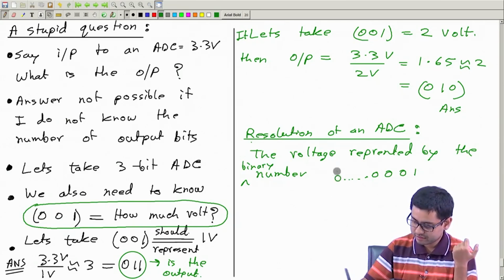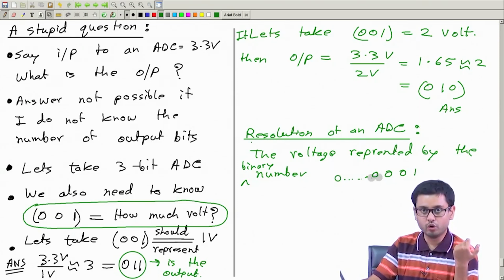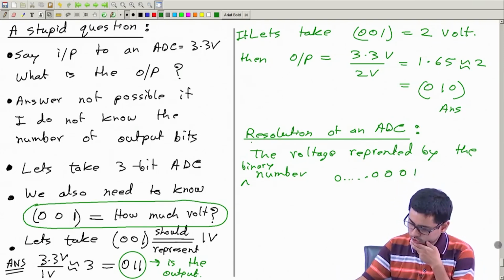Okay, if we have n bits, then n minus 1 zeros, and then 1.